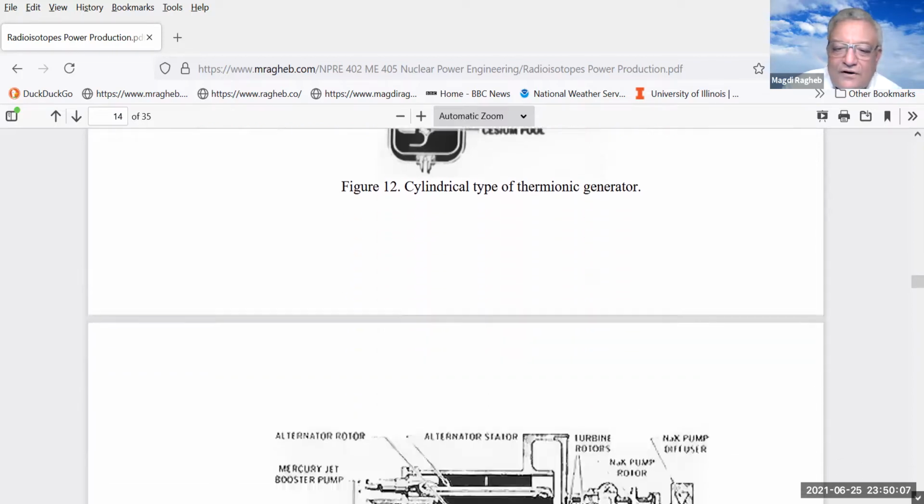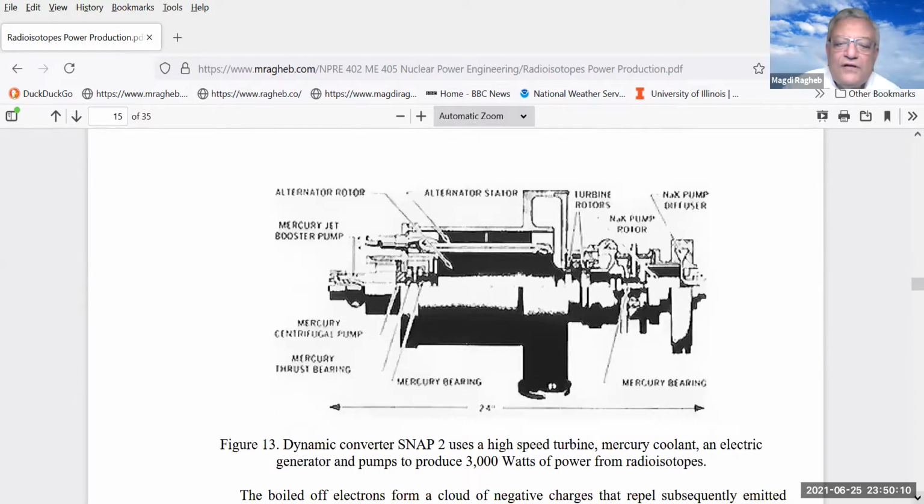What if you need not just the watts level of power for instrumentation, you need something in the range of the kilowatts, or 1,000 watts? Then you can use basically conventional thermodynamics here. This is a SNAP-2 generator, as it's called. It uses a high-speed turbine. In that case, the working fluid is mercury.